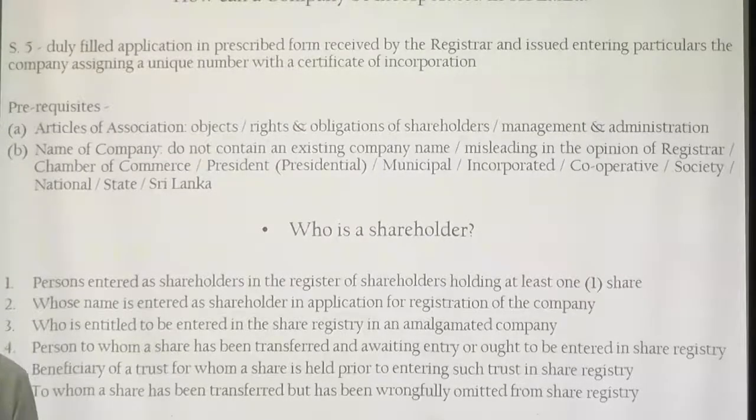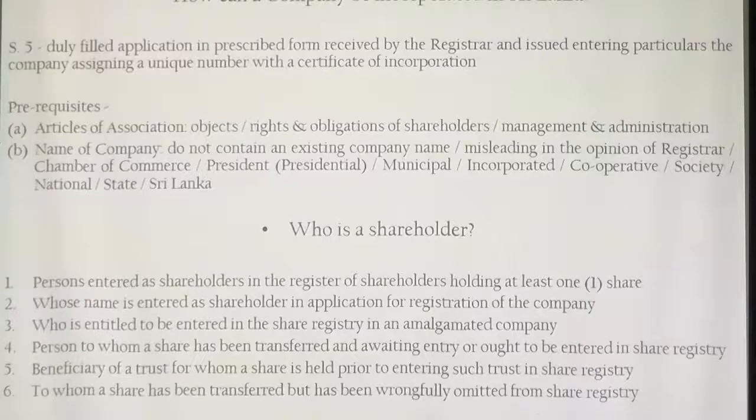Now, those are different areas. If you want to register a certain chamber, it is possible to have Chamber of Commerce Pharmaceuticals, but however, you need to get the permission of the subject minister of that ministry. If it is pharmaceutical, then it is health minister, for example, in order to use the name Chamber of Commerce. Otherwise, it is not possible.